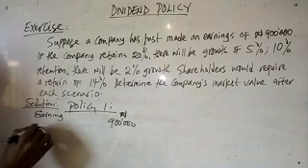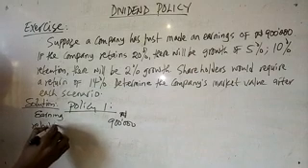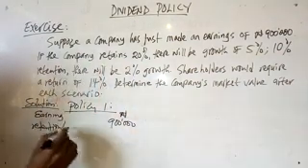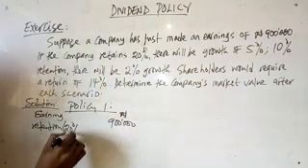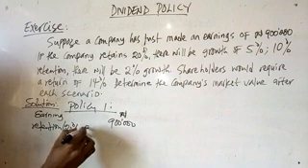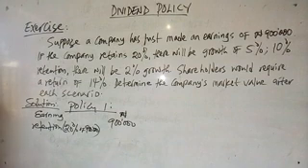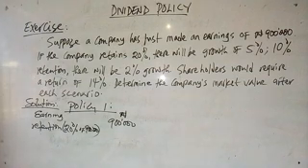The company is going to retain how much? Retain 20%. So 20% of what? Of 900,000. So what is 20% of 900,000? The quick one: 0.2 multiplied by 900,000, that is 180,000.